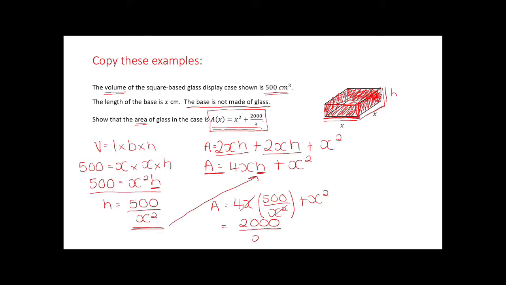So we're going to have 2,000 over x plus x squared. Now, if you compare that back to what we were looking to get, the only difference is they've got x squared plus 2000 over x, and I've got 2000 over x plus x squared. Either way, they are the exact same, just written in a different order. So I can just finish off by writing 'as required'. That's me found exactly what they wanted me to find.